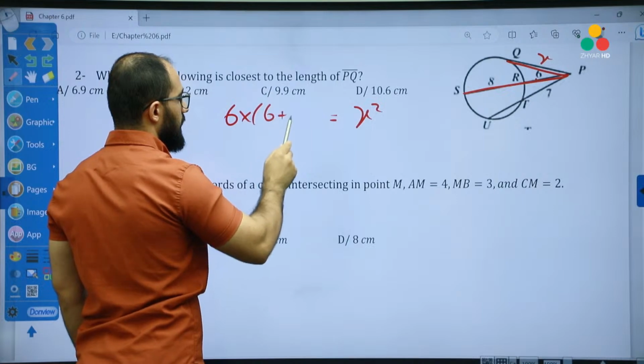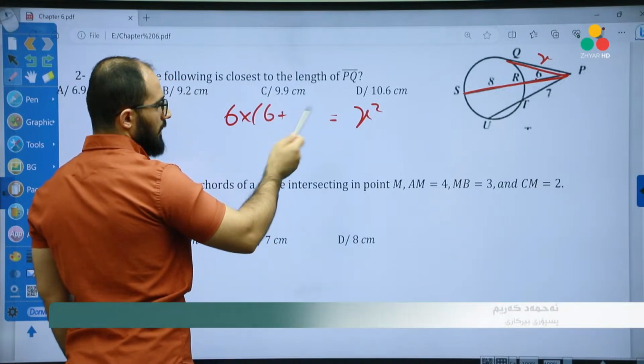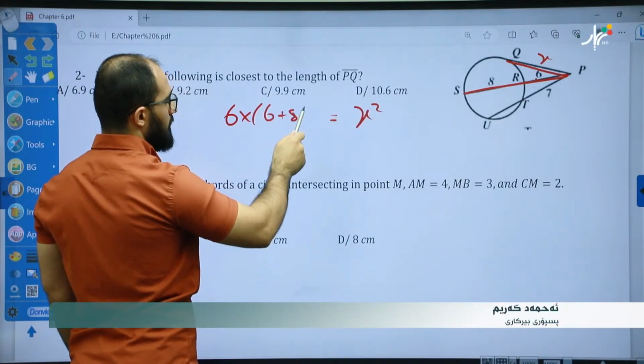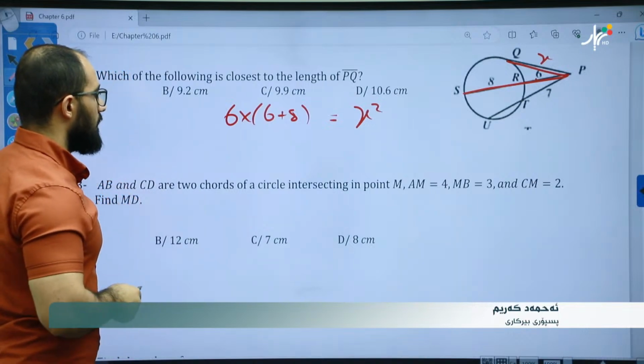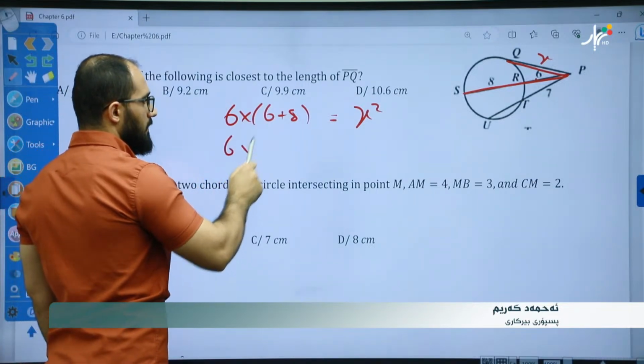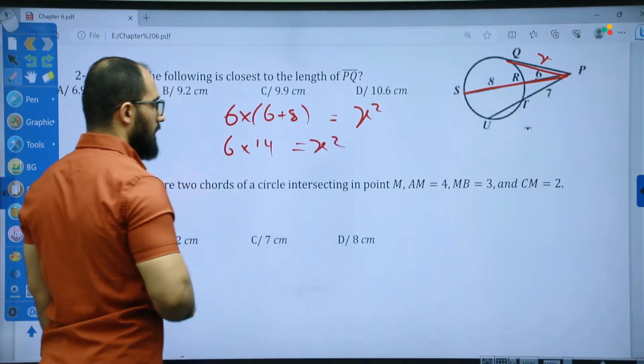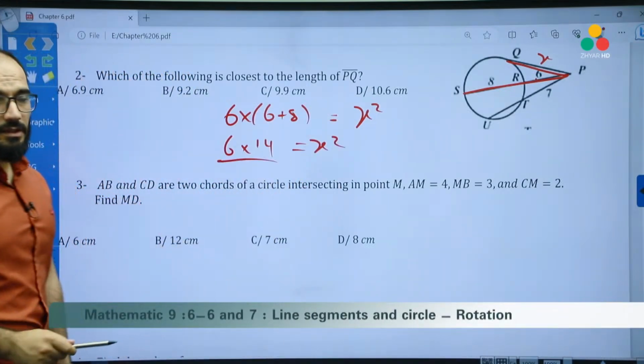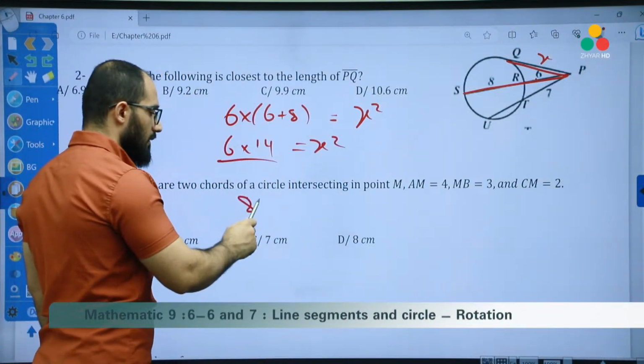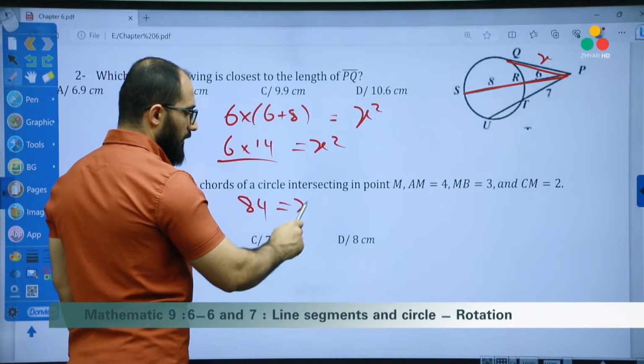So 6 times 6 plus 8. Then 6 times 6 plus 8, which is 14, is equal to x squared. 6 times 14, it's going to be 84 is equal to x squared.